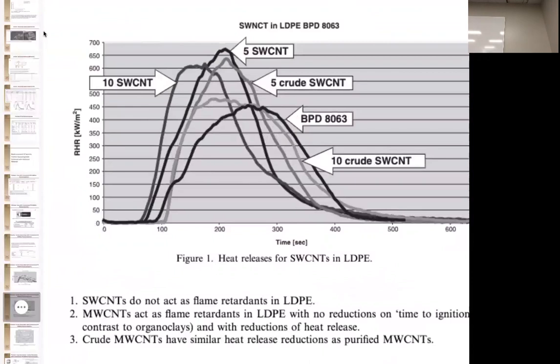Gosh, they all have higher peak release rates. So that's like, okay, so their conclusions were single wall carbon nanotubes do not act as flame retardants in low density polyethylene. I agree. The multi-wall carbon nanotubes act as flame retardants in polyethylene with no reductions on time to ignition, contrast to organic clays, and with reductions in heat release.